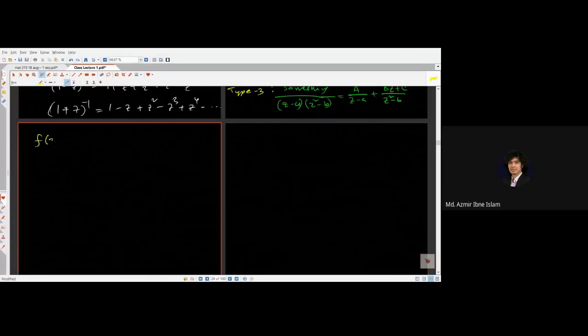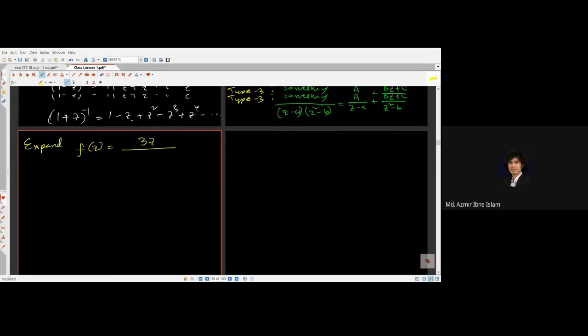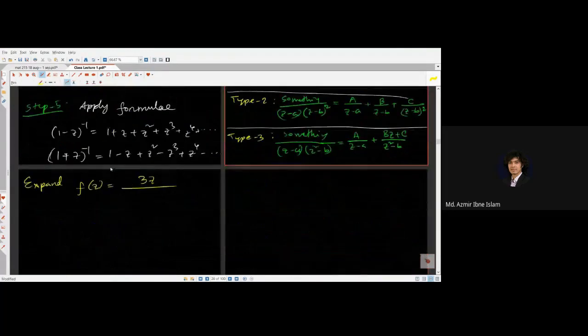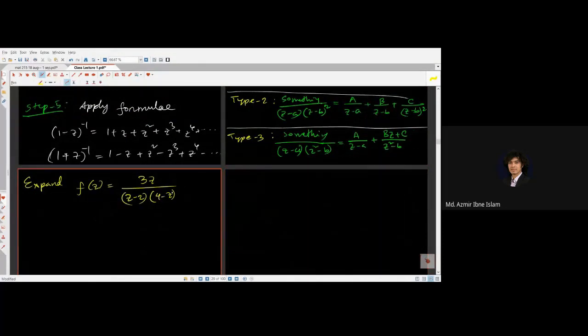And that means f of z equals, let me write the question again, f of z equal to 3z over (z - 2)(4 - z).